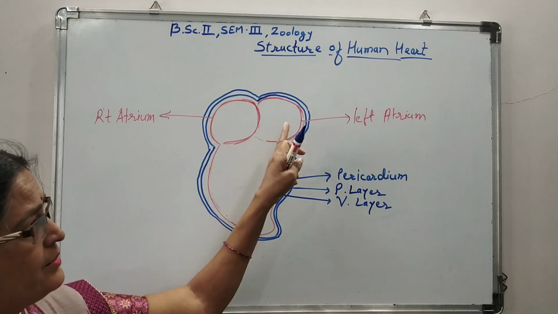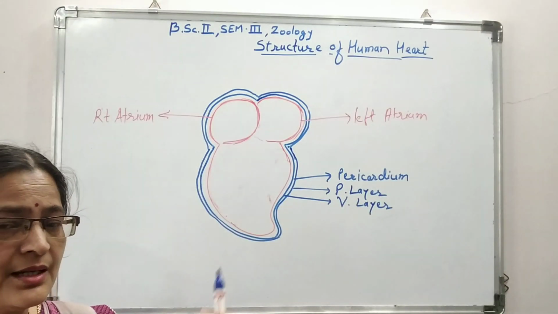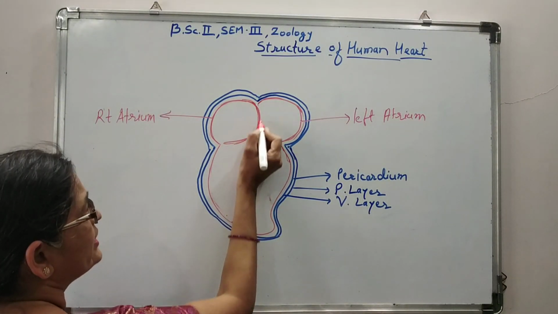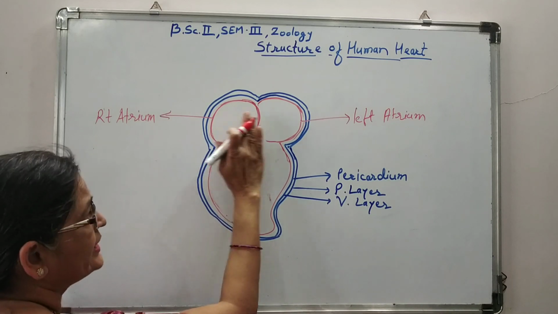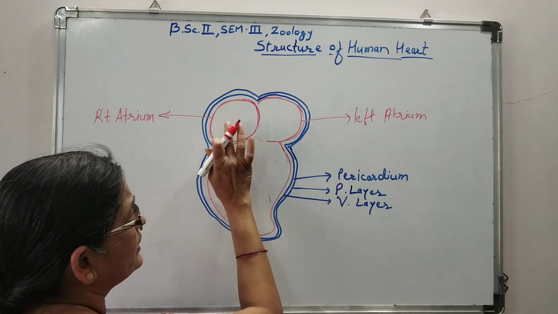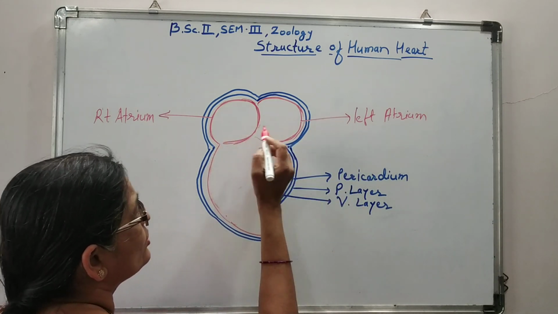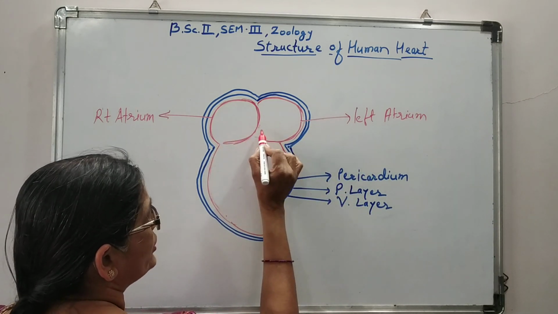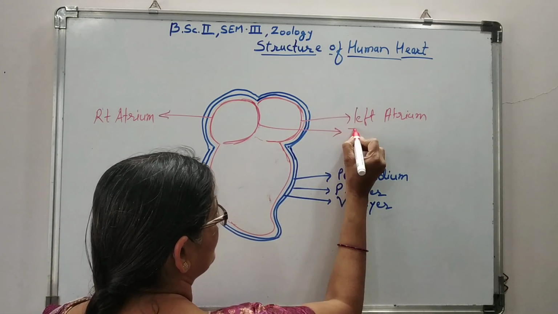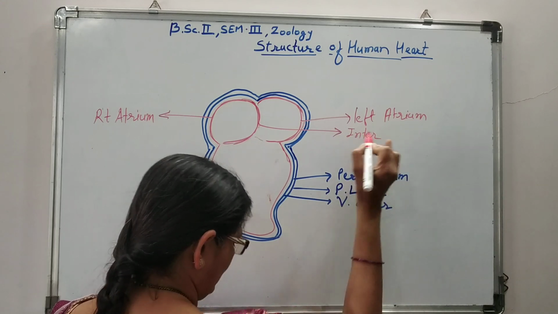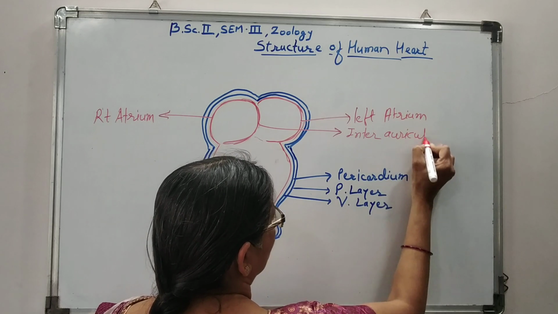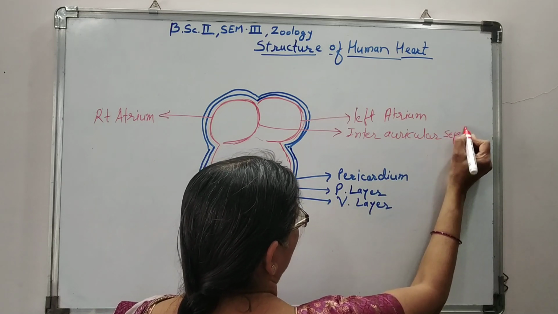These are the upper chambers, and here you can observe that there is a partition in between the right atrium and left atrium. This partition wall in between the auricles is called the interauricular septum.